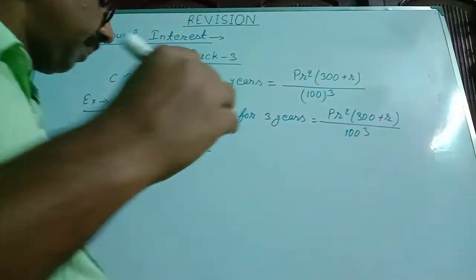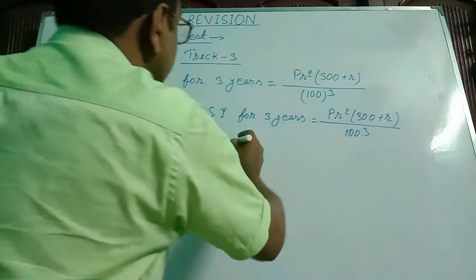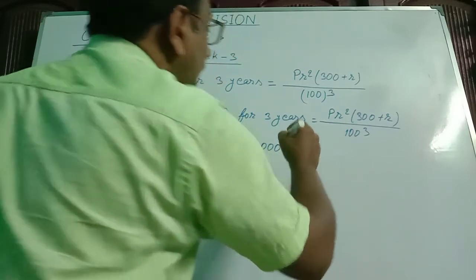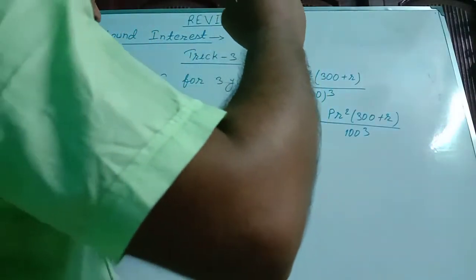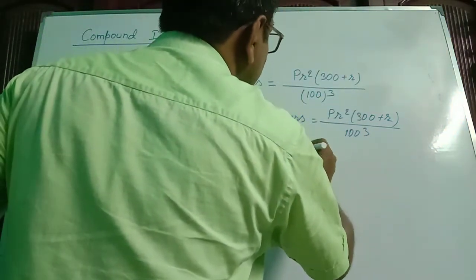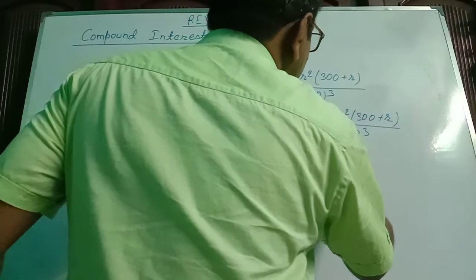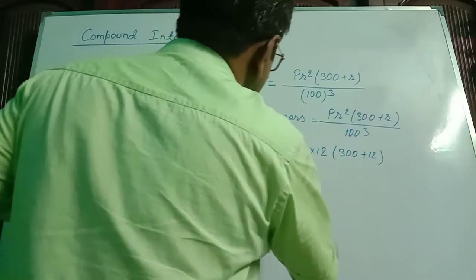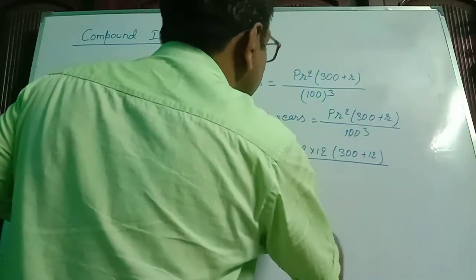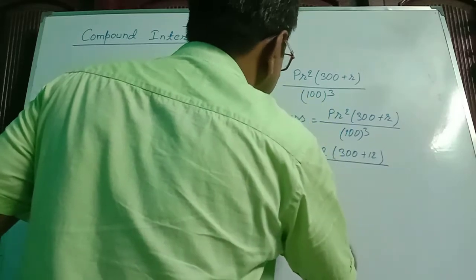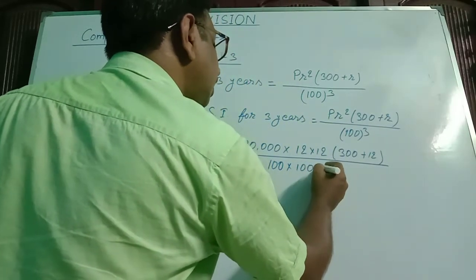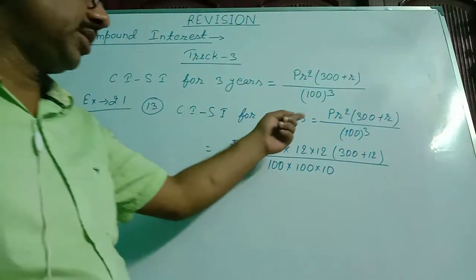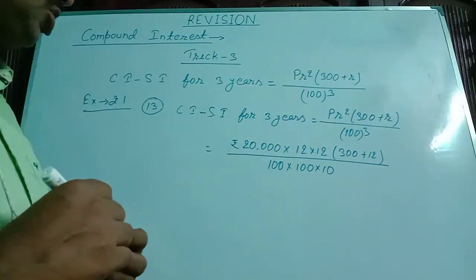Put the values. P is rupees 20,000 and R is 12%. Here is R square, so 12 into 12, and this is 300 plus R, means 12, by 100 cube. This is 100 cube, means 100 into 100 into 100. If we simplify this, then we can find CI minus SI for 3 years in very short time.